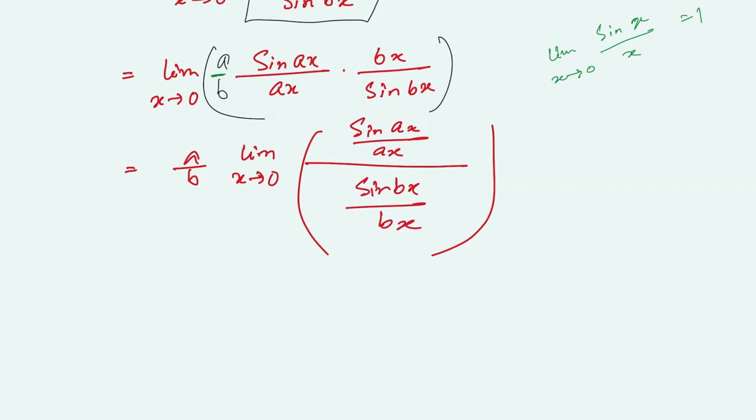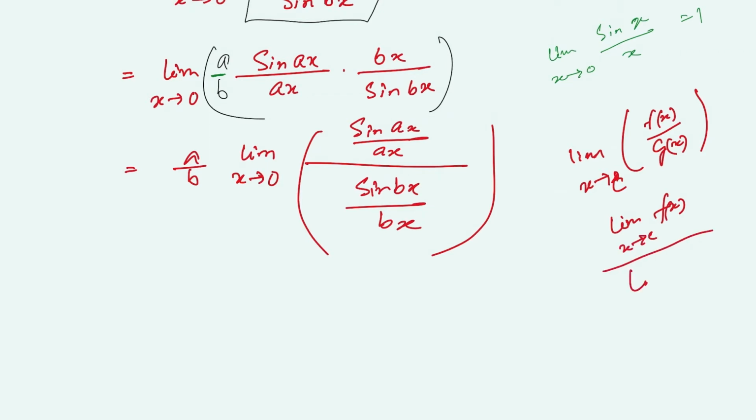We have already got that the limit of two functions, f of x by g of x, when x tends to 0 or any constant c, we can write as limit of f of x as x tends to c by limit of g of x as x tends to c.